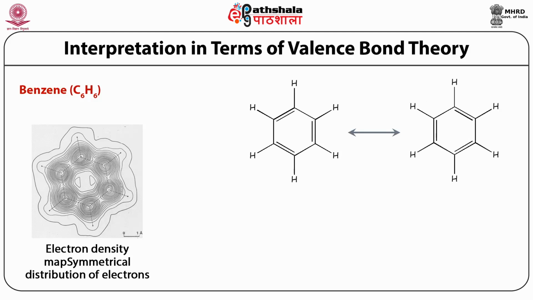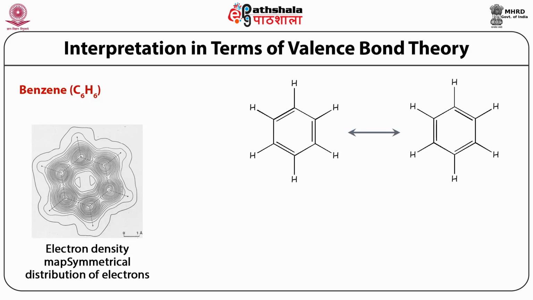This intermediate distance is consistent with electron delocalization, that is, the electrons for C-C bonding are distributed equally between each of the 6 carbon atoms.